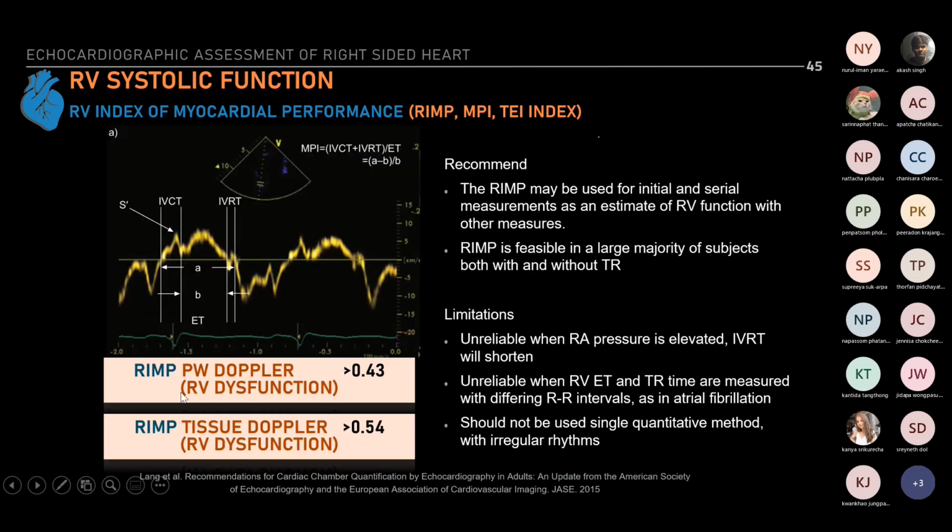And this is the reference limit for the RV index of myocardial performance, RIMP: more than 0.43 by using PW Doppler indicates RV dysfunction, and RIMP more than 0.54 by using tissue Doppler indicates RV dysfunction.